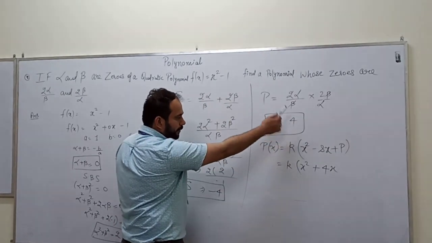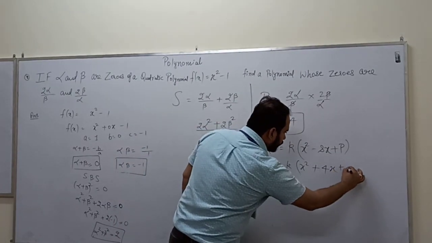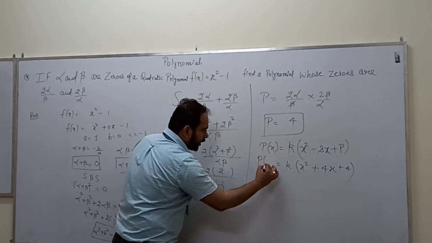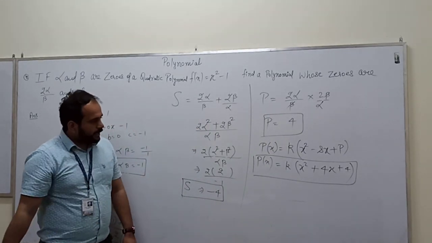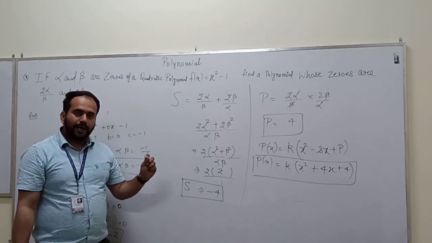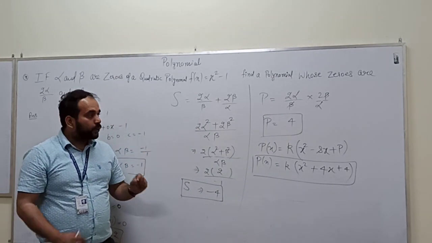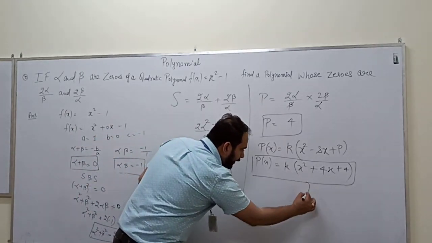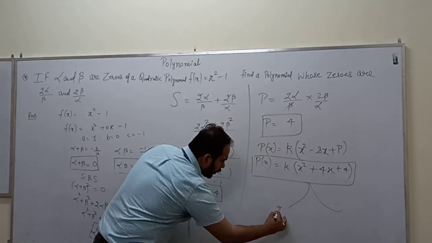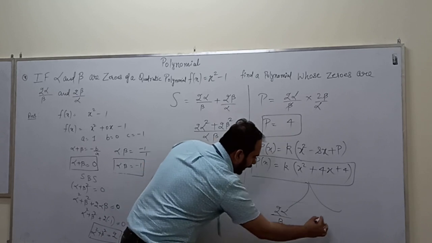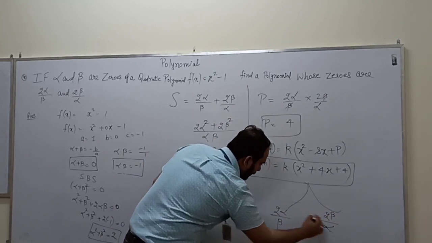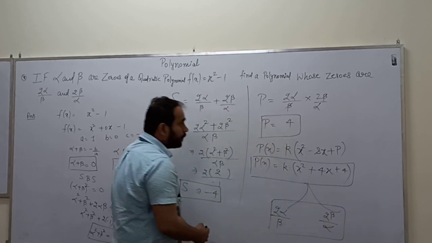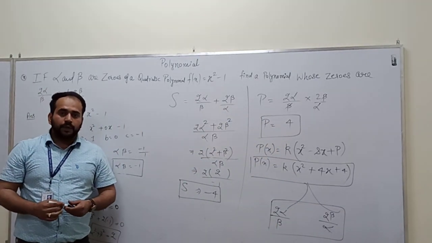What is the value of p? p is 4. So our new polynomial p(x) is k into x square plus 4x plus 4, whose zeros are, what were its zeros? Two zeros, 2 alpha by beta and 2 beta by alpha. I hope today's session is clear to you.